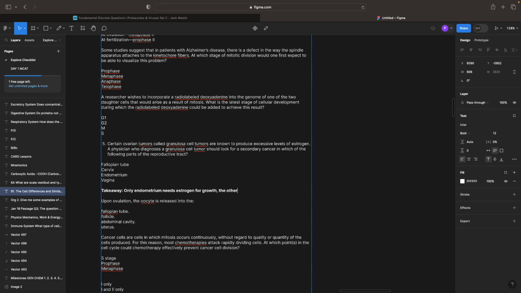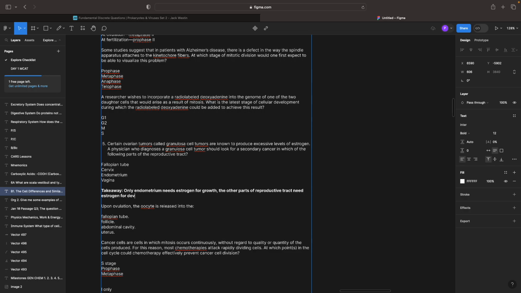The other parts of the reproductive tract need estrogen for development.